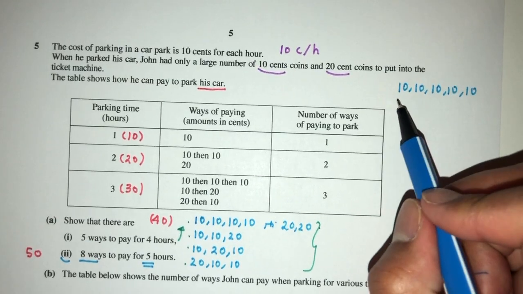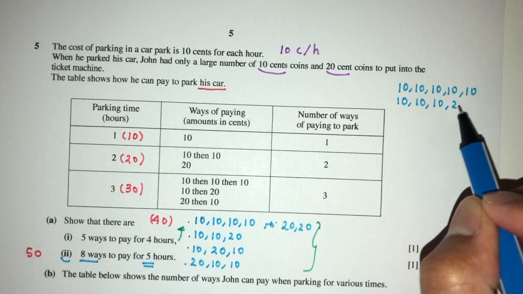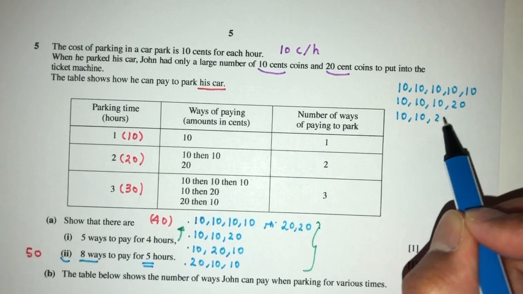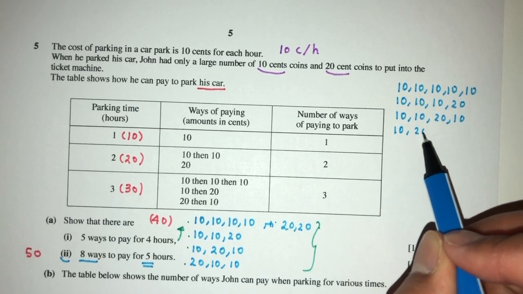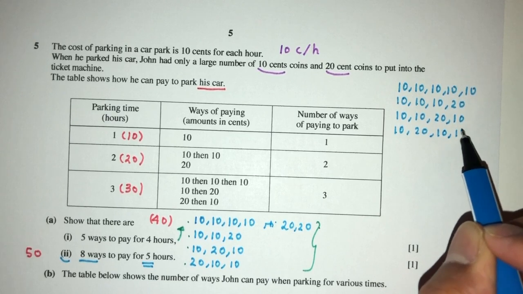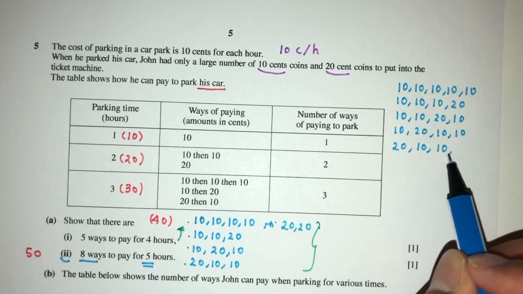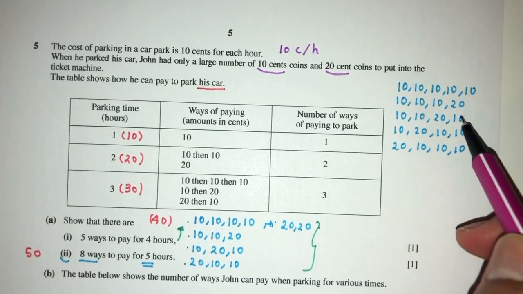Then we can pay 10, 10, 10, 20. Or we can pay 10, 10, 20, 10. Or 10, 20, 10, and 10. Or we can pay 20, 10, 10, 10. So that is 1, 2, 3, 4, 5 ways.